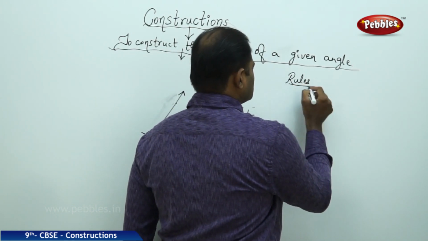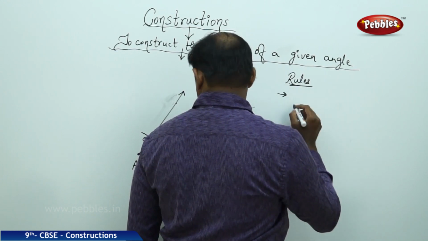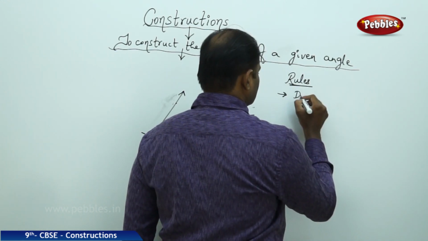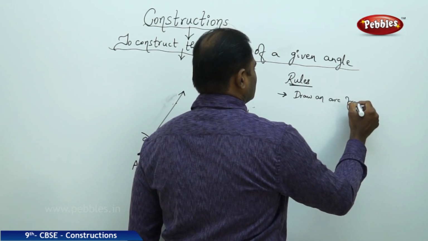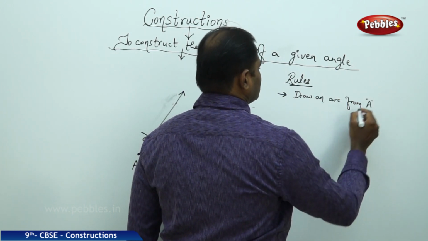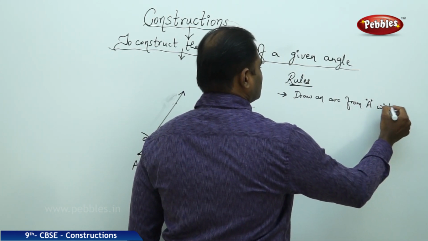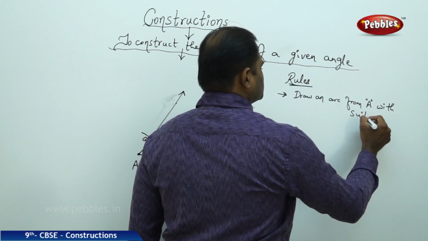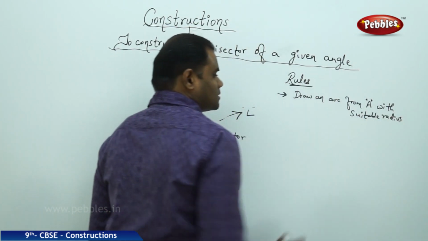So here the rules come. Firstly, draw an arc from A with suitable radius.